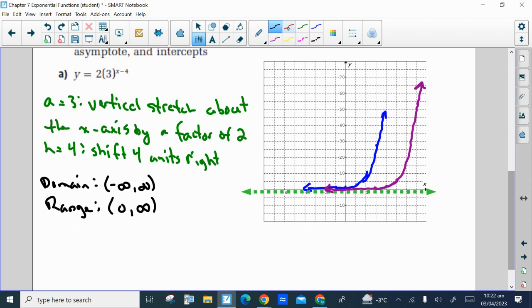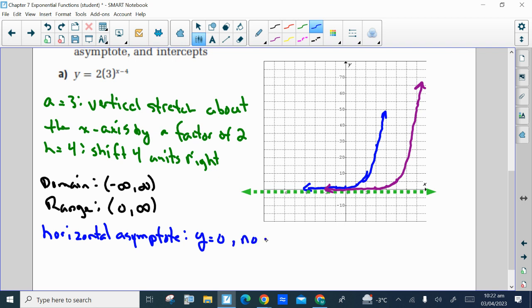Our horizontal asymptote, remember, an asymptote is a line. It's an equation. It is the line y equals 0. So it has to have a variable, it has to have an equal sign. There is no x-intercept.